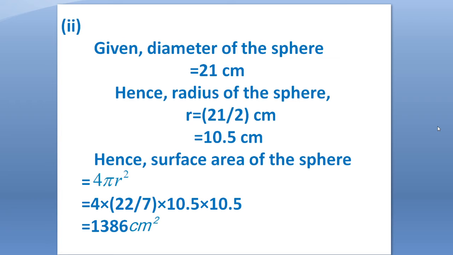Hence, surface area of the sphere is equal to 4 pi r square is equal to 4 into 22 by 7 into 10.5 into 10.5 is equal to 1386 centimeters square.